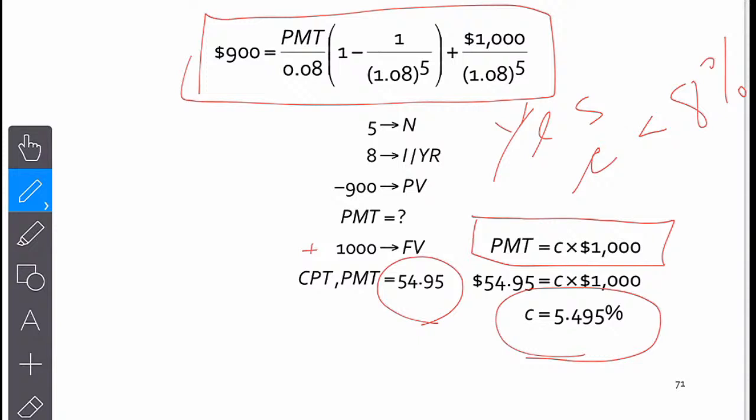So, these are all fixed. The duration, everything's fixed except for the yield to maturity. That can vary. And the price.